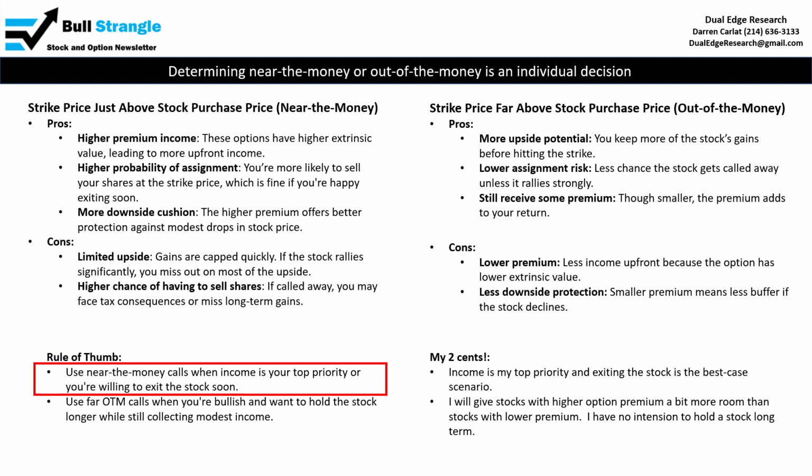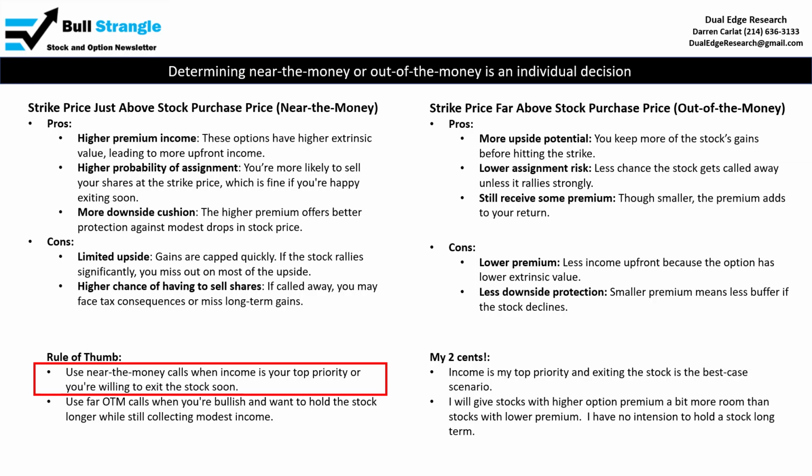Now, I do have a little bit of discretion when I'm trading for my personal account. I will give stocks with higher option premiums a bit more room than stocks with lower premiums. So for example, if I've got a stock with a 40% implied volatility.